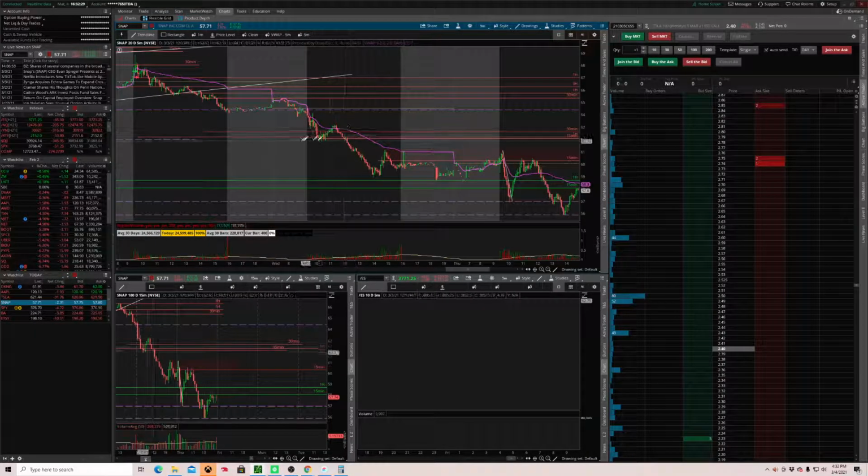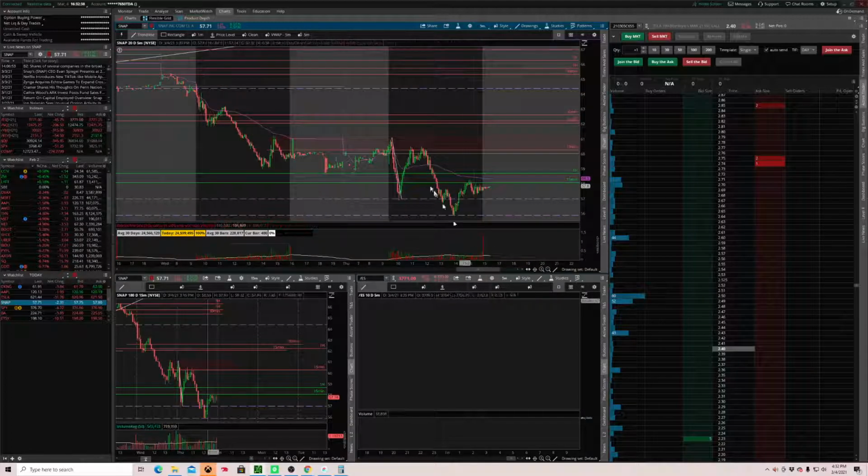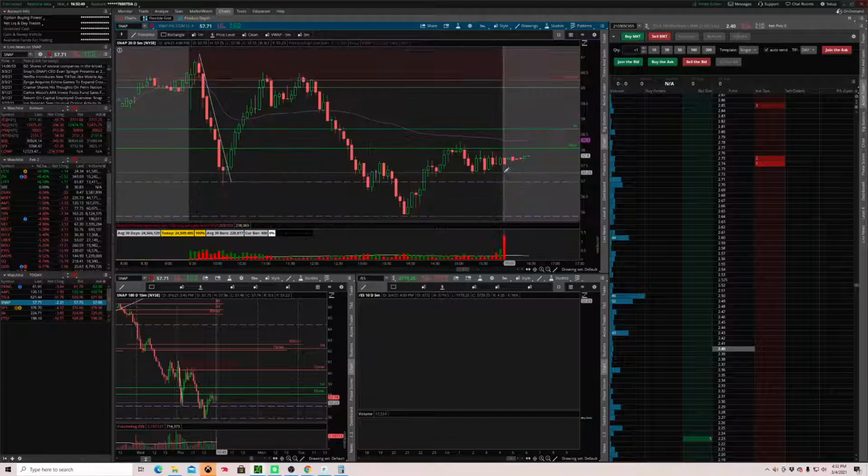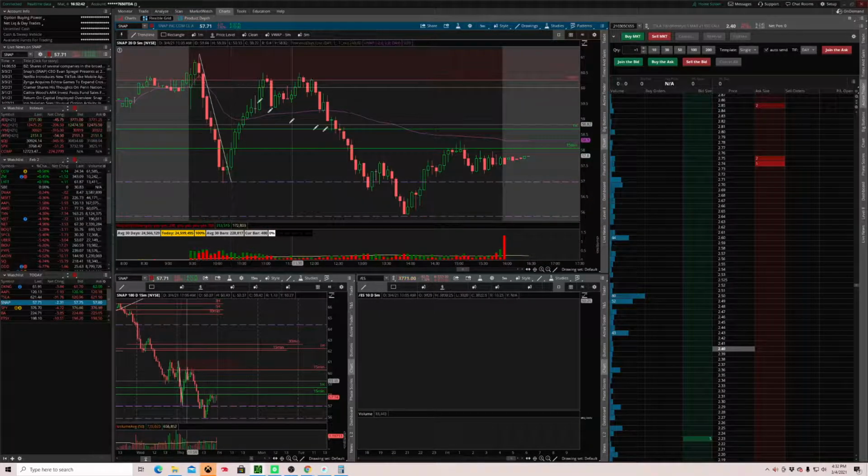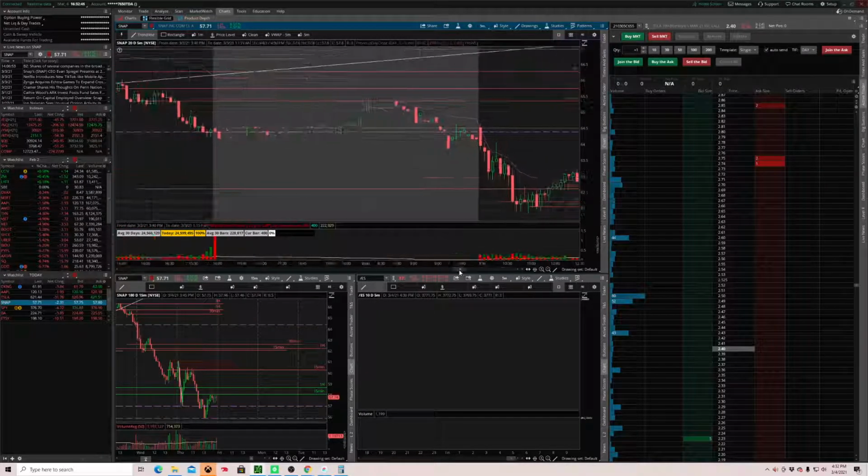Normally I just use a line, but this time I decided to put the box back in, because I just had a real think about this whole idea of support, resistance, and supply and demand zones.